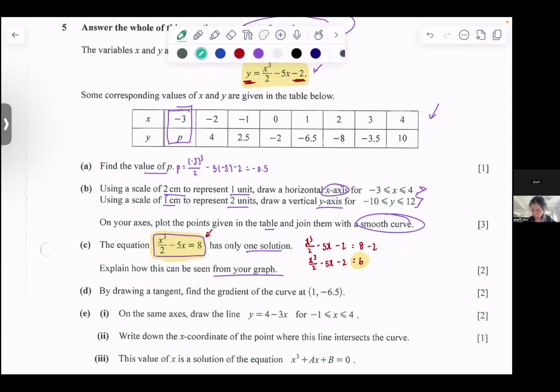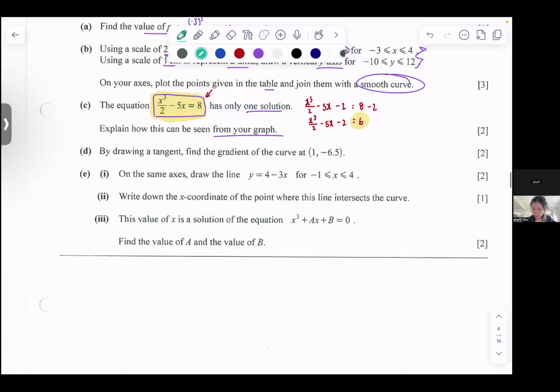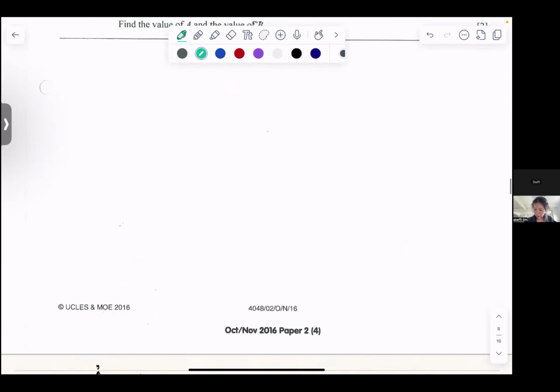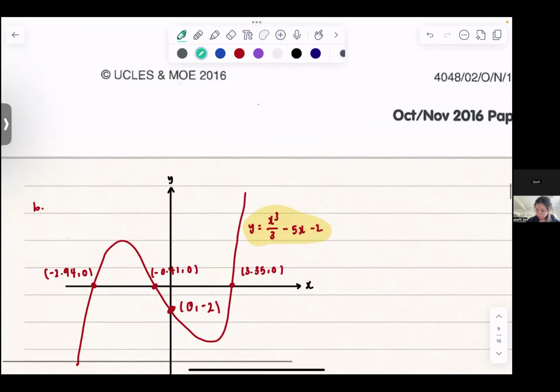I can just draw an additional y equals to 6 line, since this value of 6 represents the y coordinate. So I'll go ahead and draw, imagine that y equals to 6 cuts the graph at this point, right?